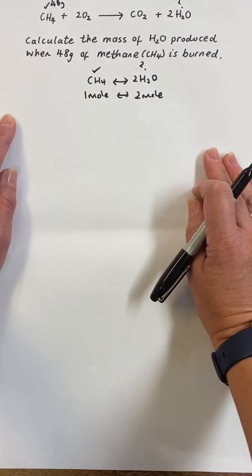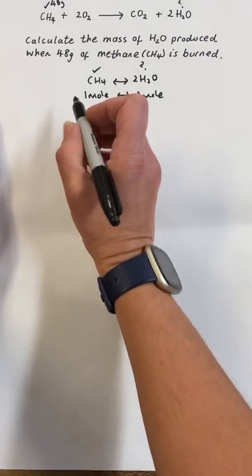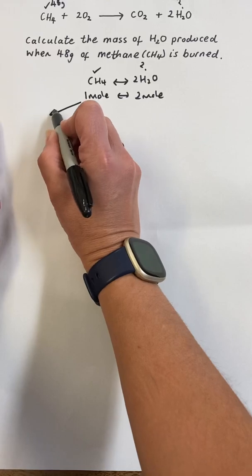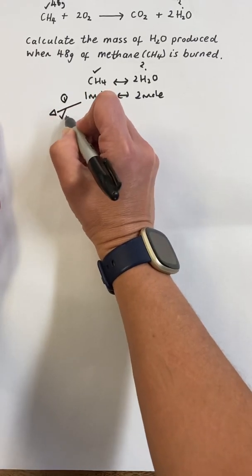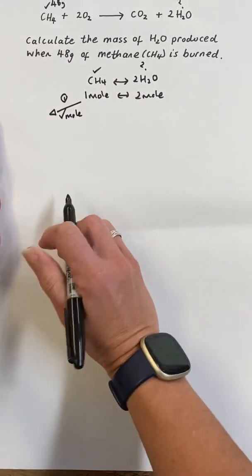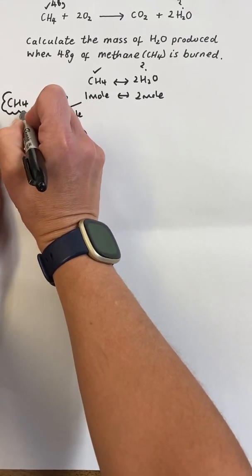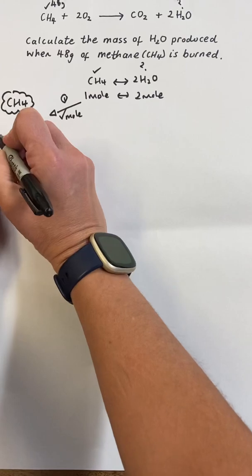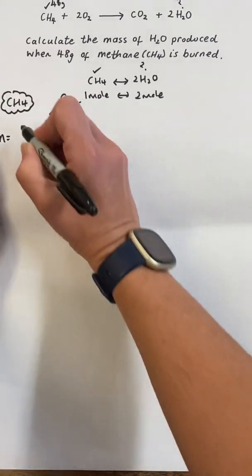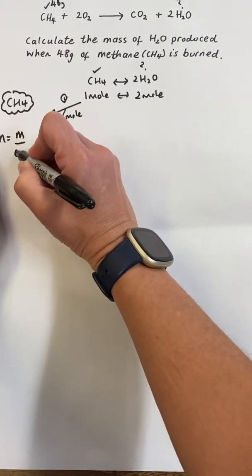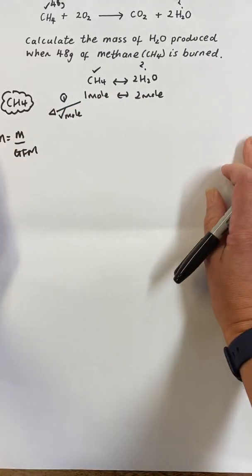Step number 1 is always to go to the tick side and calculate the number of moles. So step number 1 is the tick mole. So I take my CH4 and to work out number of moles, n equals m over GFM.